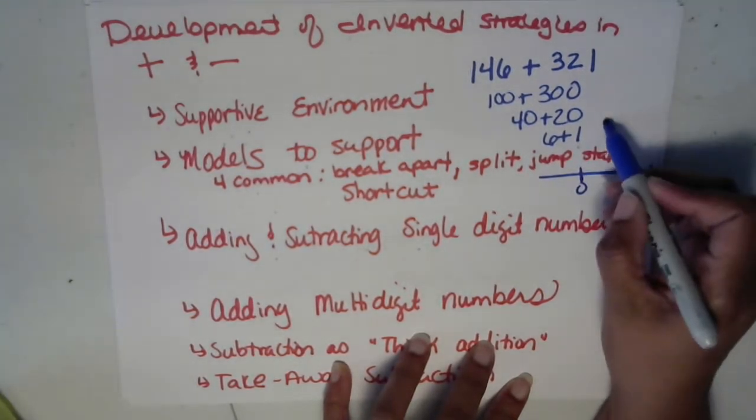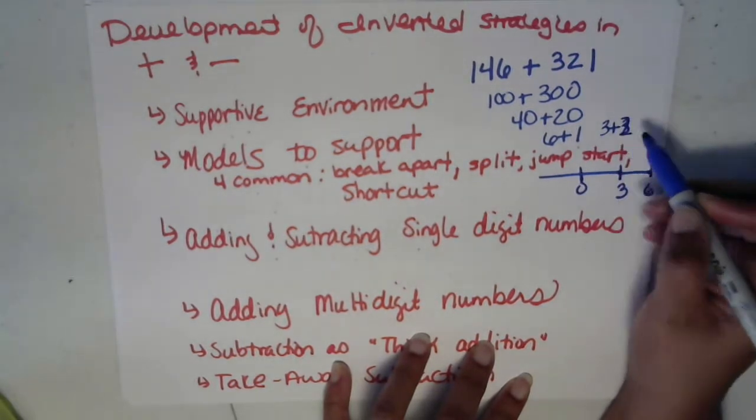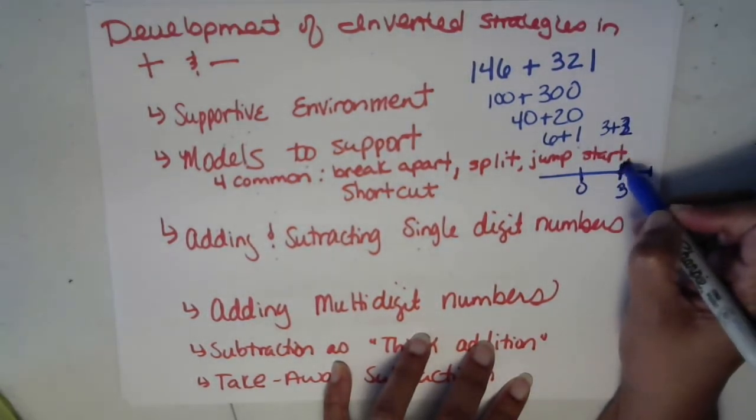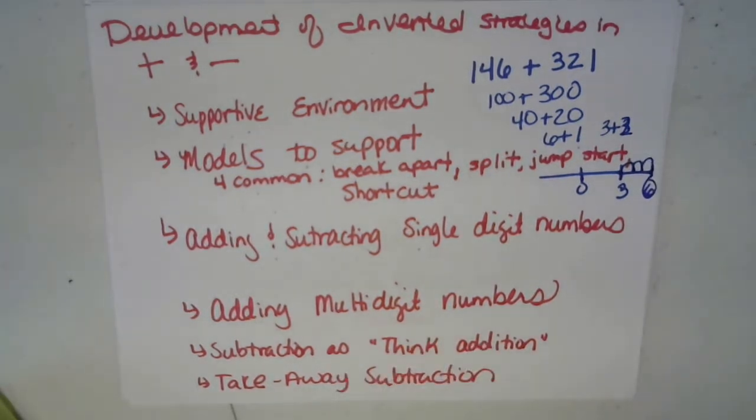We want to know what is, let's do 3 plus 3. So we're starting at 3, and then we're going to jump 1, 2, 3 to 6. It uses an empty number line. Students might draw that number line when they're inventing this strategy. They might do it mentally. You might provide the number line for them.